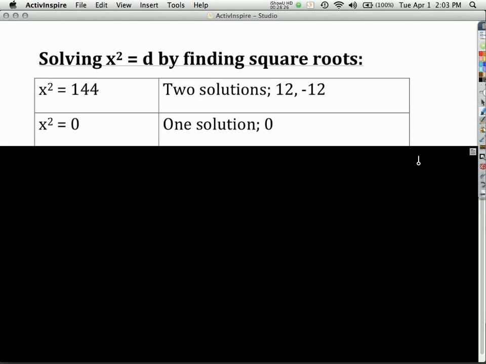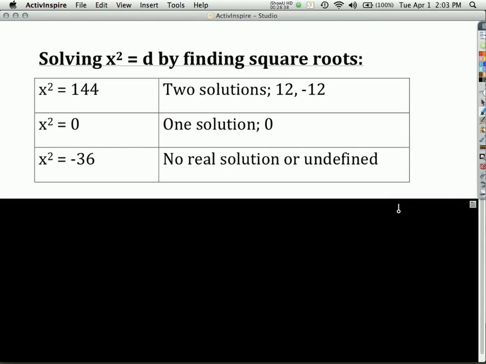You don't get two different numbers. There's no such thing as negative 0. And if you have x squared equals a negative number, there's no solution, because you can't take the square root of a negative number. If you don't know what I'm talking about yet, that's okay. When you start seeing it in practice and you start going through some examples, it'll start to make more sense.